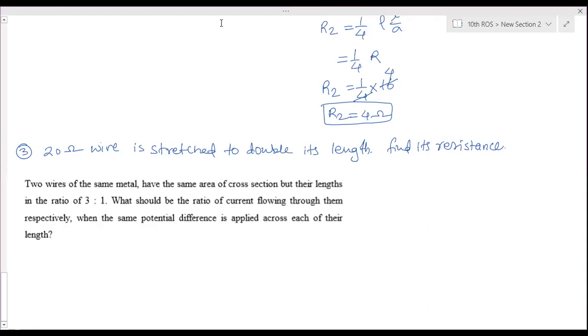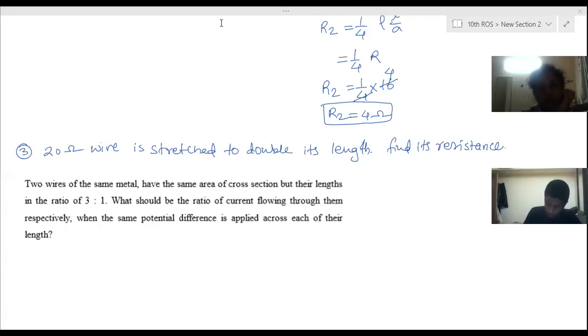What happened? How to find out the answer? How to find out? I'm asking. Don't find out anything. There is no need to do anything. You can directly tell the answer. Ma'am, yes, the area, ma'am, what?